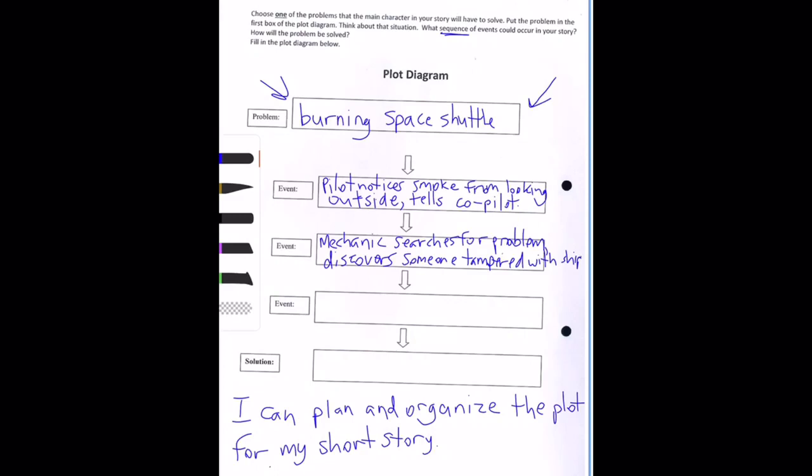Okay. So, mechanic searches for problem, discovers someone tampered with the ship. Okay, so those are my first two events.